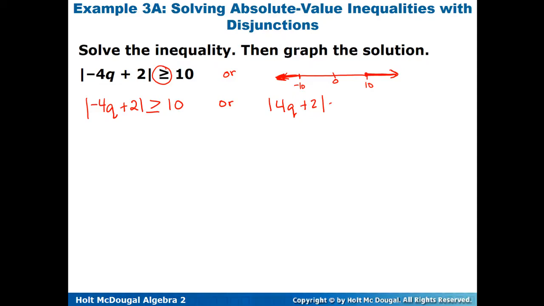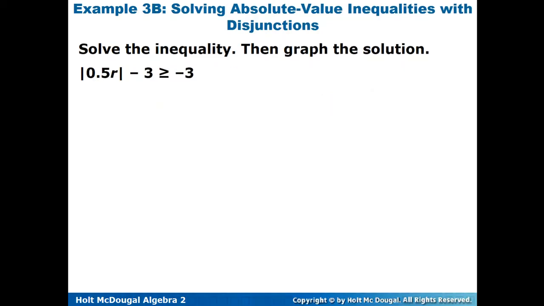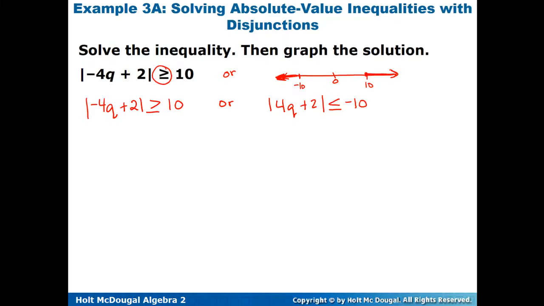So we're going to make that say less than or equal to negative 10. Now we can solve our inequality. Let's drop the absolute value sign, negative 4q plus 2, and let's subtract 2 from both sides.